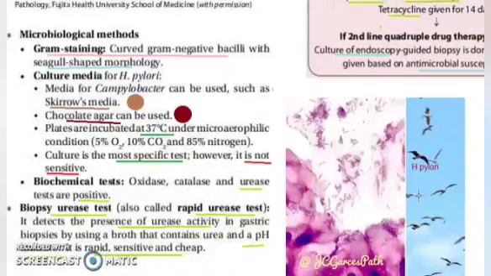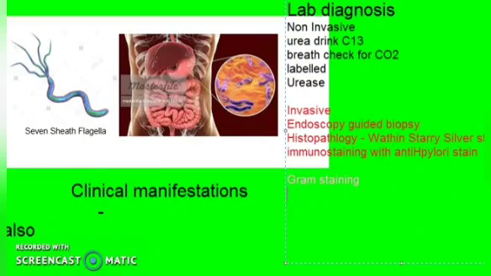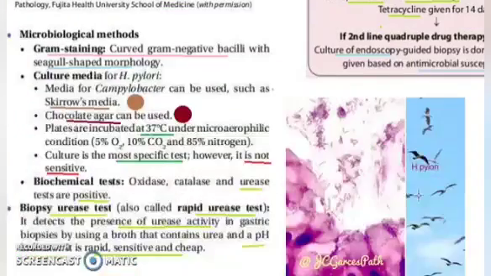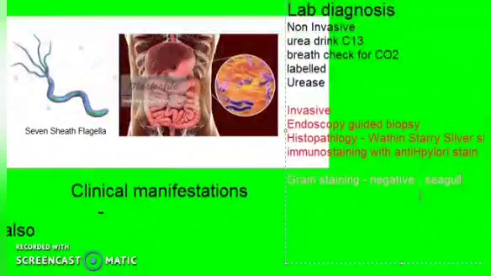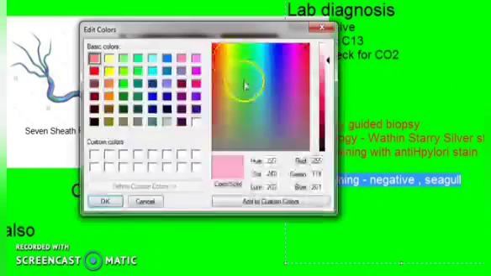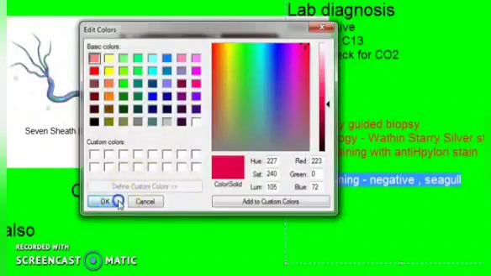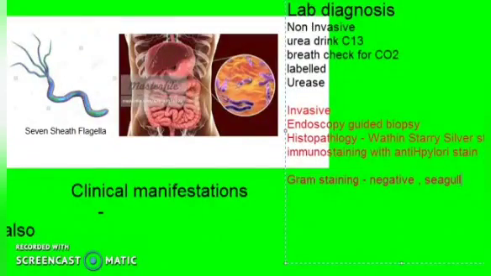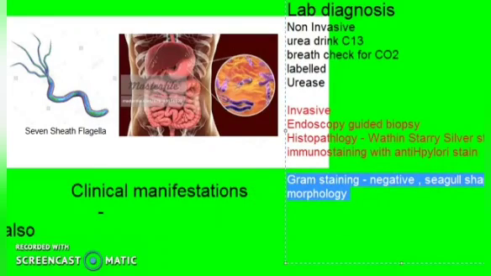In gram staining you have to mention it's gram negative, and seagull-shaped morphology you will get.